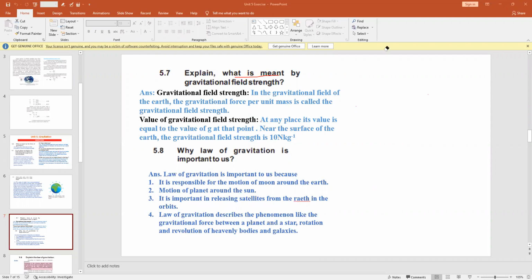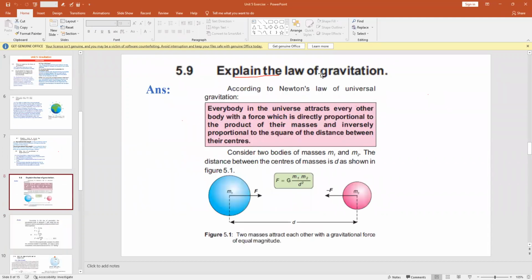Now the next question is 5.9, that is, explain the law of gravitation. In this case, you have to explain the law of gravitation. What is the law of gravitation? You have already learned it in the regular classes. First of all, you have to give the statement of the law: every body in the universe attracts every other body with a force which is directly proportional to the product of their masses and inversely proportional to the square of the distance between them.